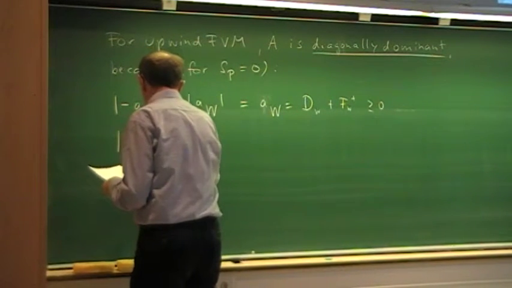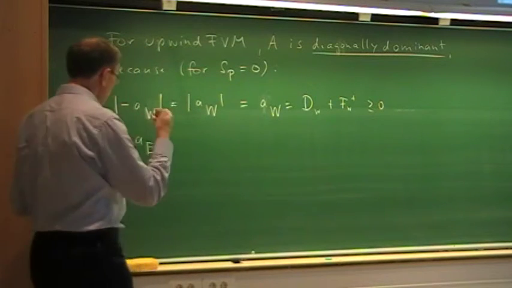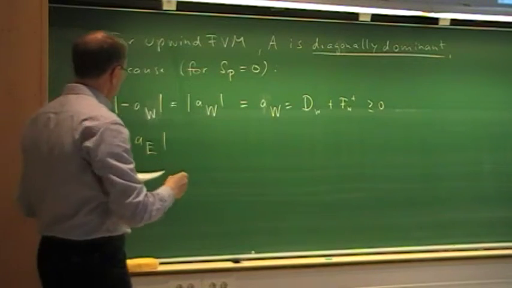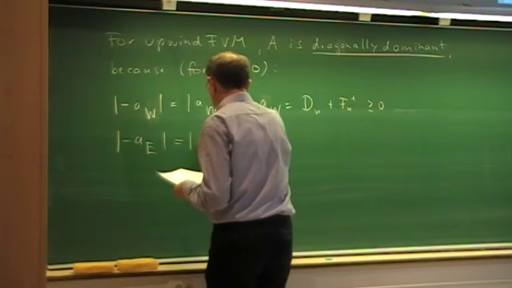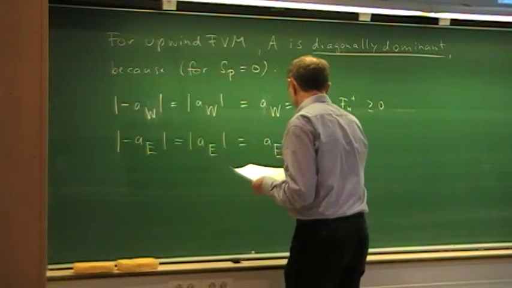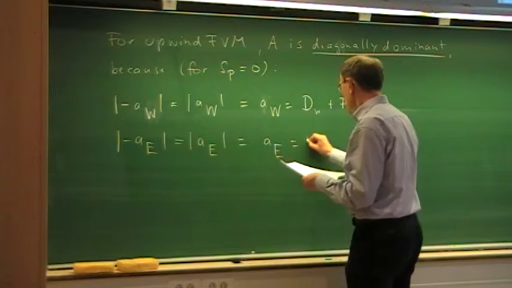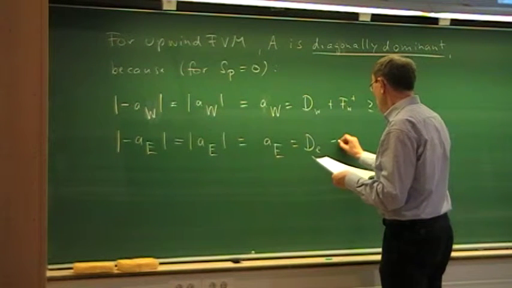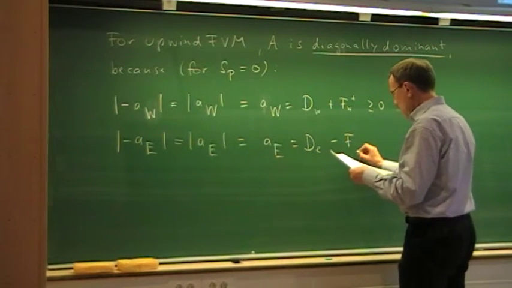Similarly, the coefficient coming from the eastern coefficient AE is on the upper subdiagonal, and the modulus of that is AE itself because it is positive, and that was DE minus FE.